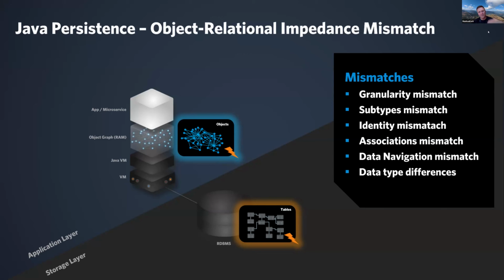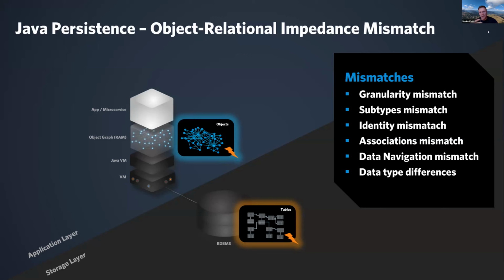The object model can be very granular, much more granular than the relational model. Subtypes are not possible in the relational model, and so on. You can navigate through an object graph very easily because all objects are connected via their object IDs internally. This is not possible in the relational model.